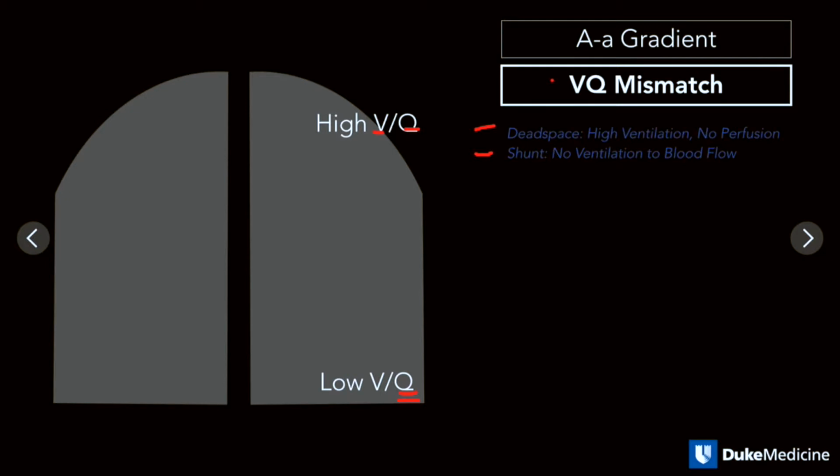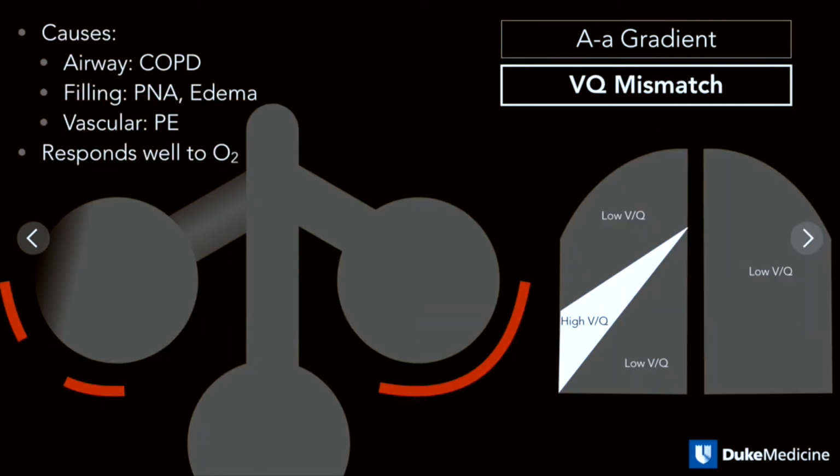So what causes a worsening of this ventilation to perfusion ratio? What causes more of a mismatch? There are two particular things. If oxygen is limited in the airway, say COPD, where chronic bronchitis limits the amount of oxygen that can reach the alveolus, there is less oxygen here compared to a normal alveolus. Similar things that can do this are problems with alveolar filling. Pneumonias and edema take up a portion of this alveolus and also lead to decreased O2.